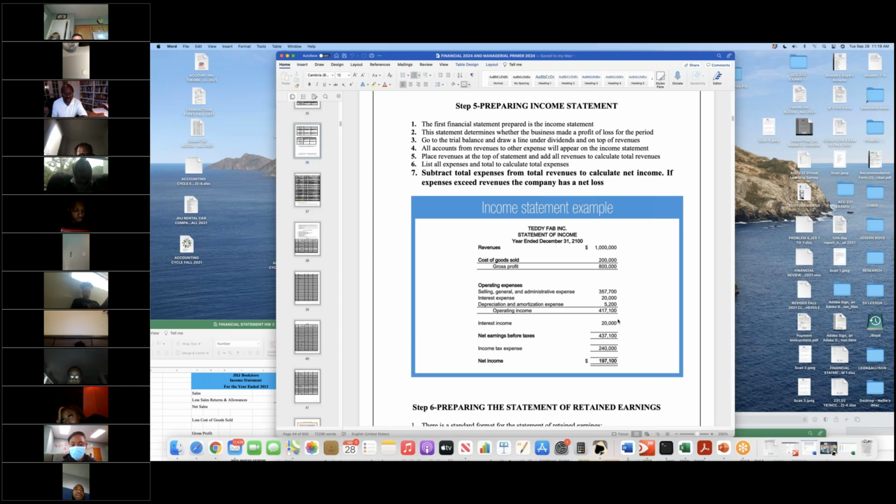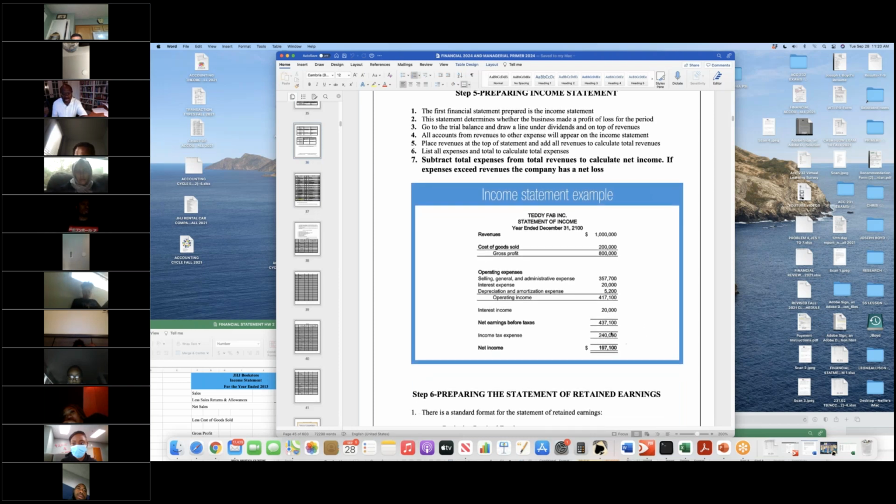Interest income is where we get interest on a bank account. That's not operating. These are our revenues here, renting those cars out. So if we get other income, sometimes we'll separate it out. No exact way we operate that income statement, but in general, the operating items and non-operating items. Then we have the net earnings before taxes.